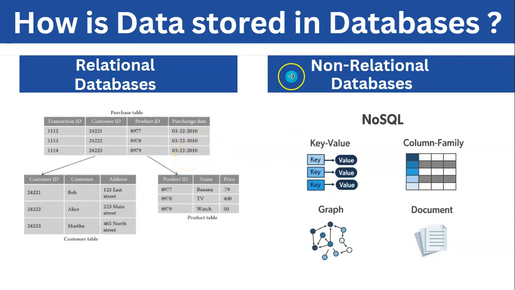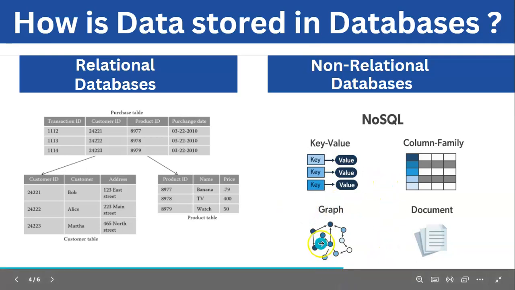Now coming to non-relational databases. In non-relational databases we have databases of 4 types. First is the key value database, where we have one key, meaning one primary identity, and then one value present with it. That is considered key values.